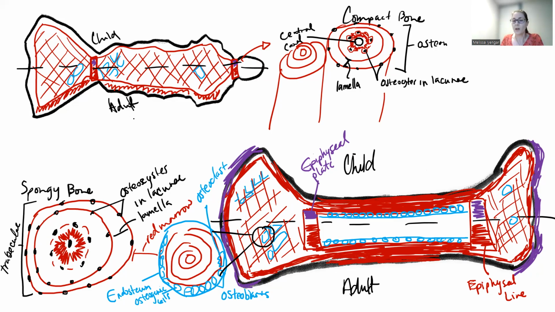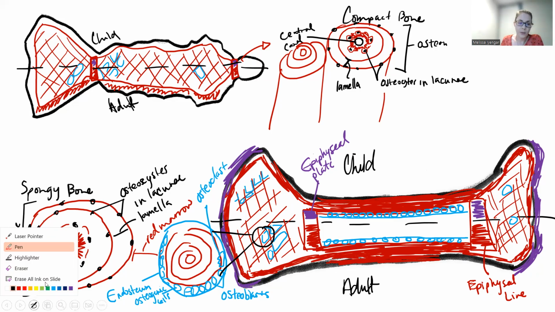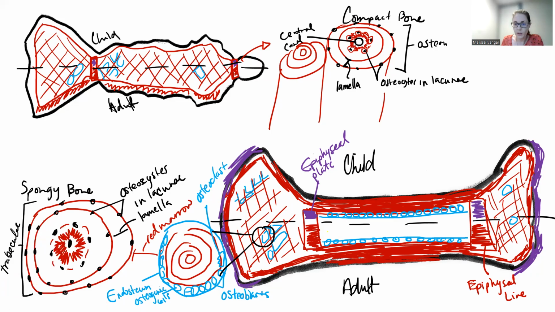Okay. The other thing we're going to add is a couple more types of tissue. So in the adult, in the medullary cavity, I'm going to make this yellow because this is yellow marrow. For a child, this is going to be red because this is where I store my red marrow.